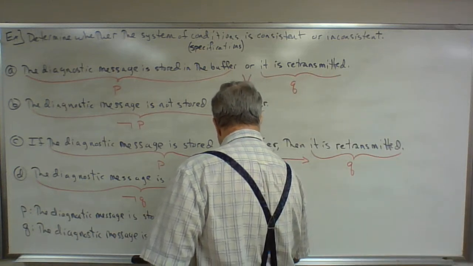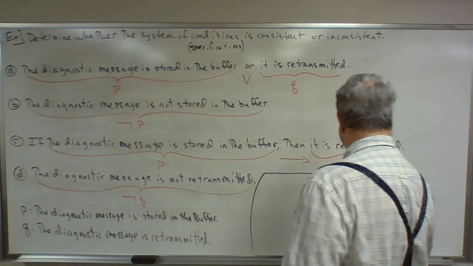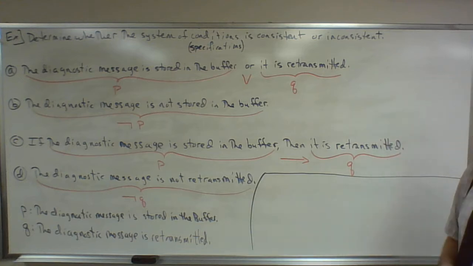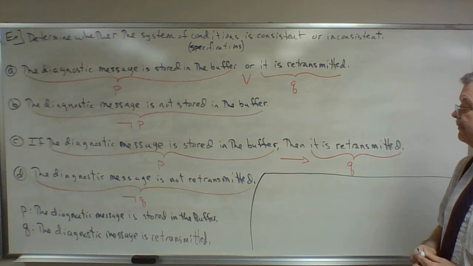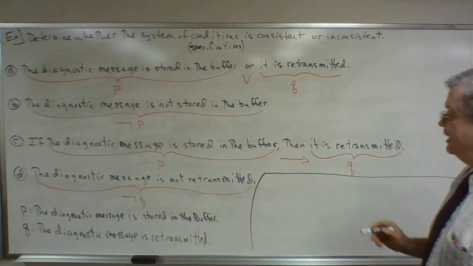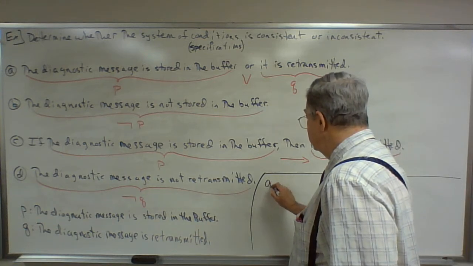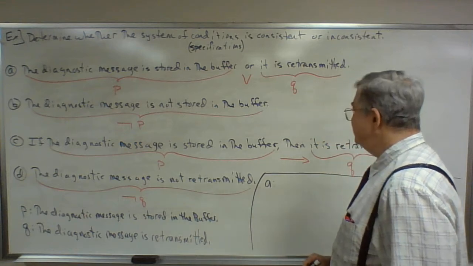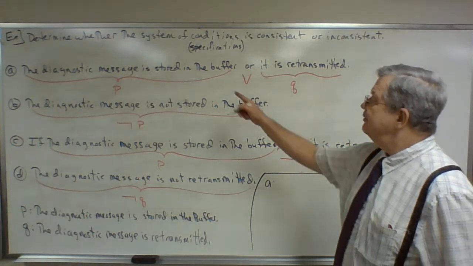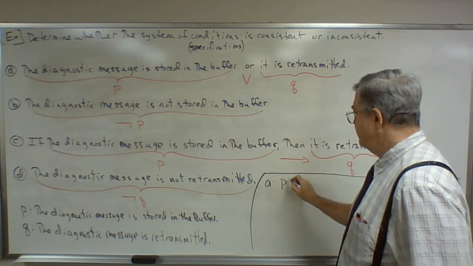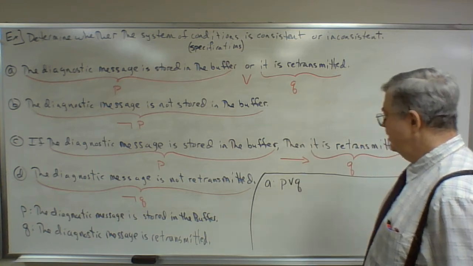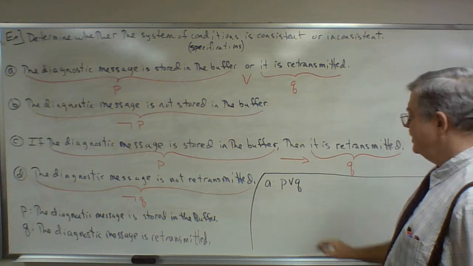I need a place to write down what my conditions or my specifications are, A, B, C, and D. So condition or specification A symbolically is P or Q. That looks good.